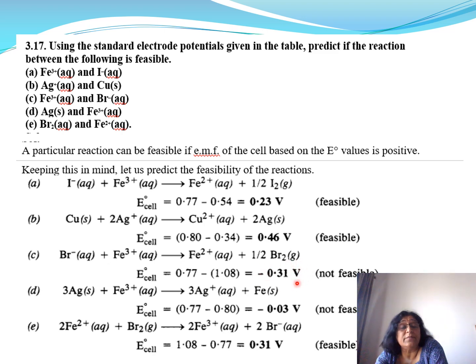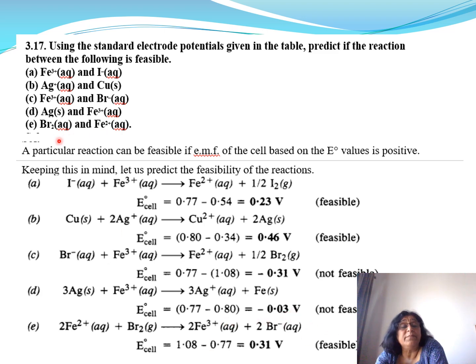That means it is not feasible. Then Ag and Fe3 plus: Ag plus Fe3 plus gives you Ag plus plus Fe2 plus. So again Fe3 plus is getting reduced and Ag is getting oxidized. So 0.77 minus 0.80, okay, so minus 0.03. Again this is not feasible.